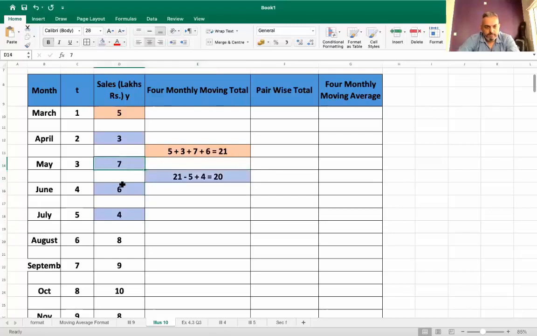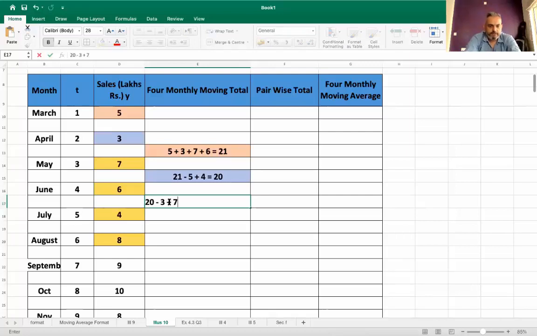Then 7 plus 6 plus 4 plus 8. So over here between 4 and 5. So 20 minus 3 plus 8, which is equal to 25. Then next 4.